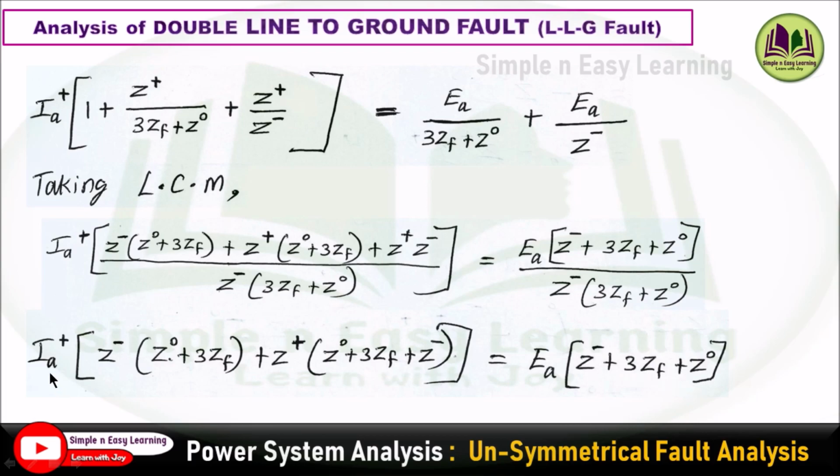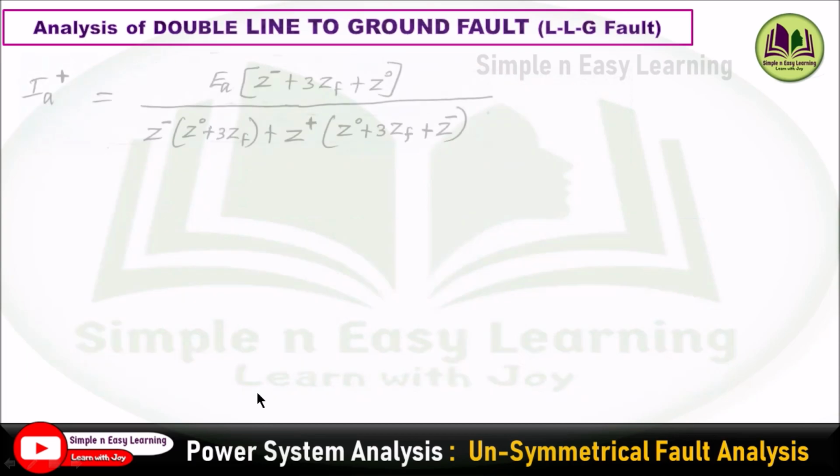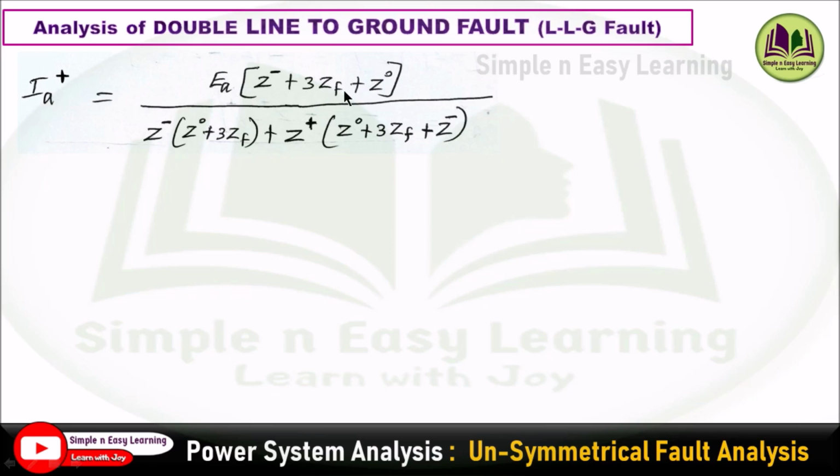Now IA plus equal to EA, this whole term, divided by this whole term. So you can write IA plus equal to EA into Z minus plus 3ZF plus Z0 divided by this whole term. So this is your positive sequence current IA plus. Further simplifying, in the numerator you will have Z minus plus 3ZF plus Z0, and in the denominator you take that term Z minus plus 3ZF plus Z0 as common.